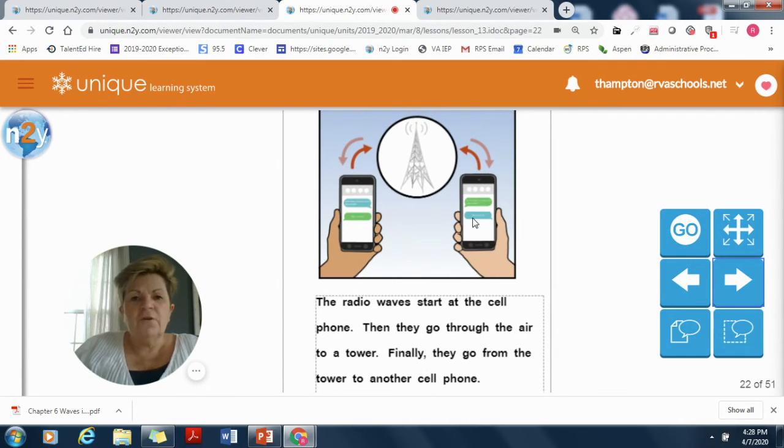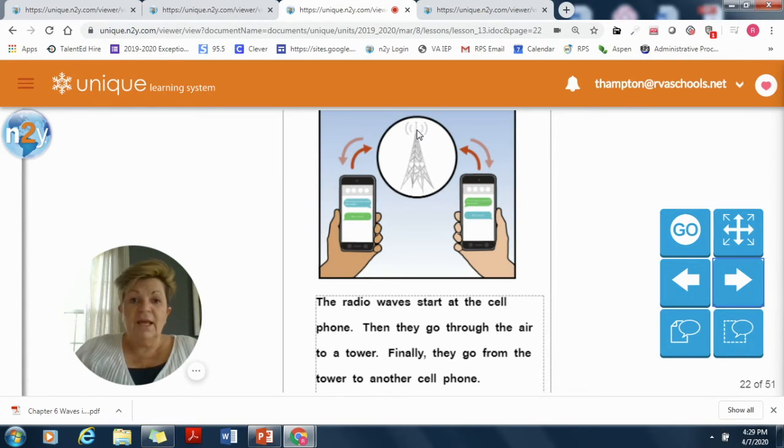So when we're making a phone call to our parents or a family member or a friend, we're sending the information from our phone to those towers that you see on the road or in the backyards, and it goes to the person's cell phone that you're talking to. So think about that. It travels all the way to a cell phone, which could be a mile or so away, maybe even more.